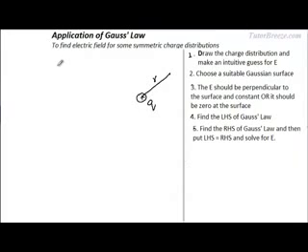First step is, have you drawn the charge in your notebook and sketched the electric field around it? Next step is, choose a suitable Gaussian surface, and since the charge has spherical symmetry, choose an appropriate Gaussian surface.